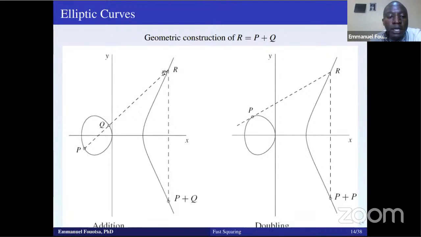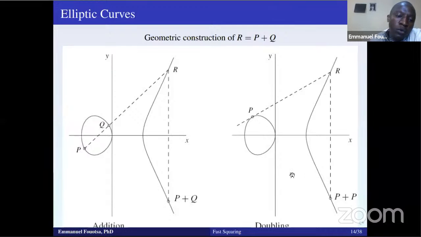Then we take the reflection with respect to the x-axis to obtain what we call the point P plus Q. If we want to double a point, that is, P plus P, then we draw the tangent line to the curve at P, and it will intersect the curve at a third point. We take the reflection to form the point P plus P.